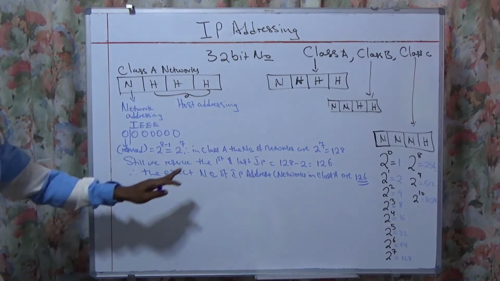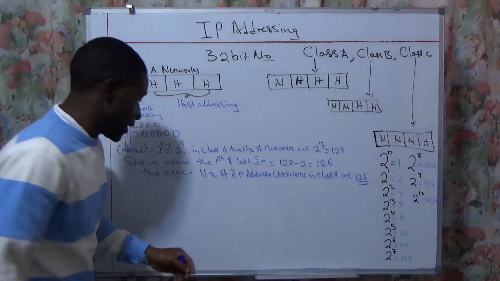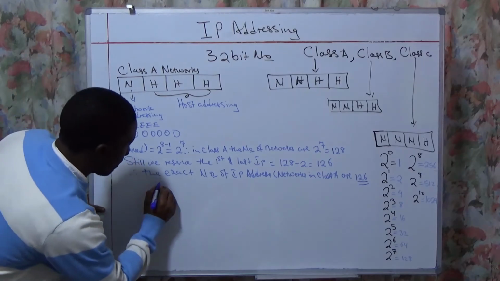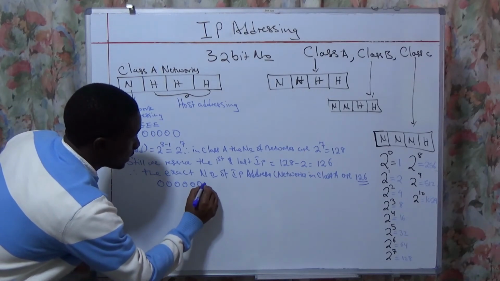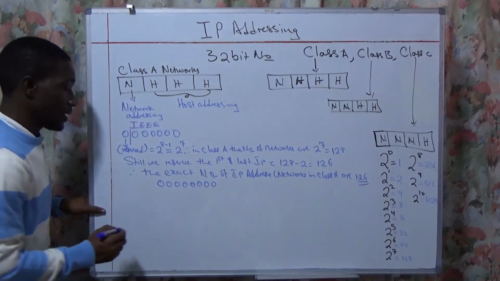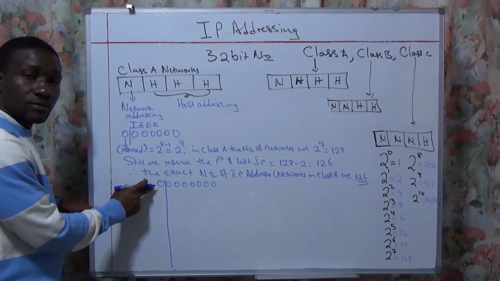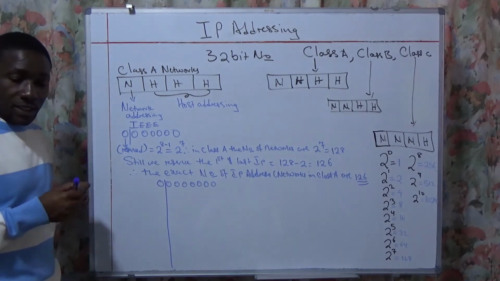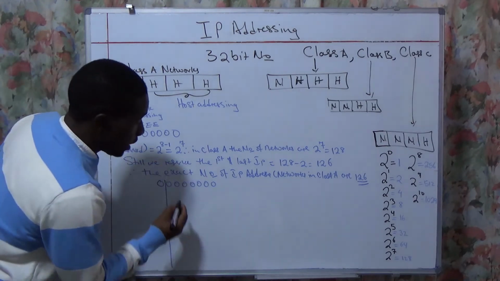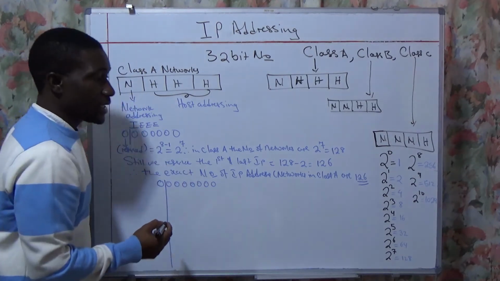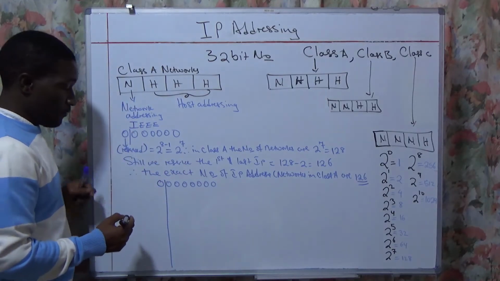Now, we are going to compute and see how we get 126. Here we start. 1, 2, 3, 4, 5, 6, 7, 8. The first one is reserved. And from there, we indicate our respective values for each.